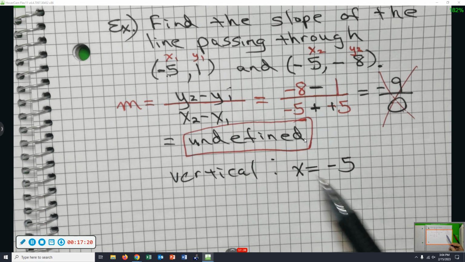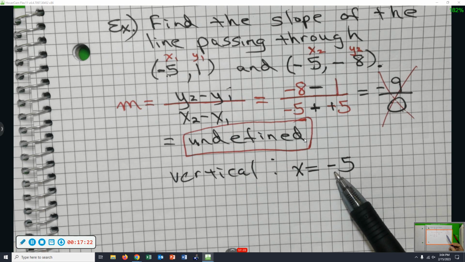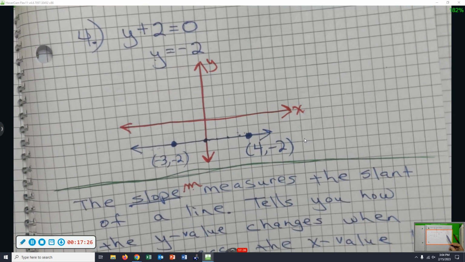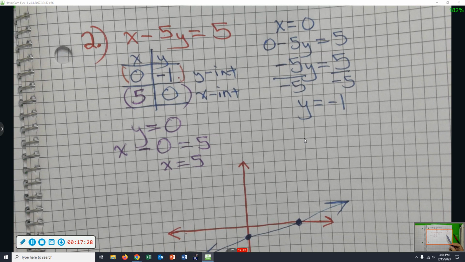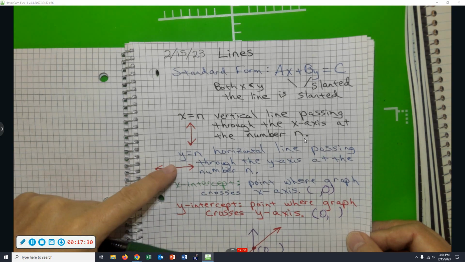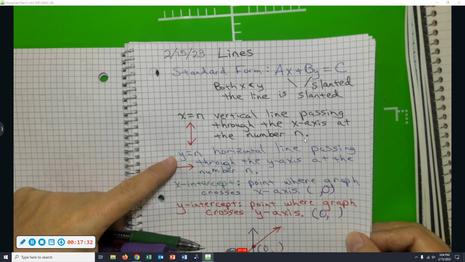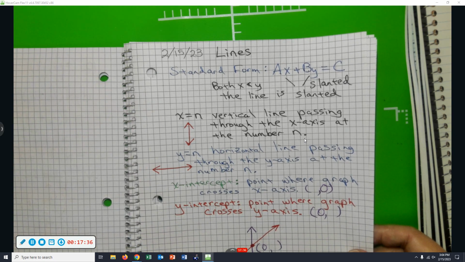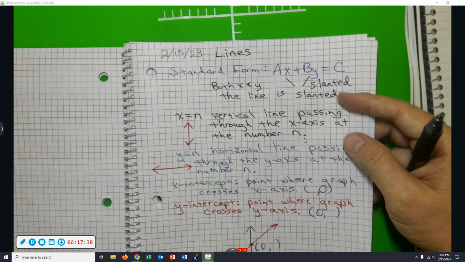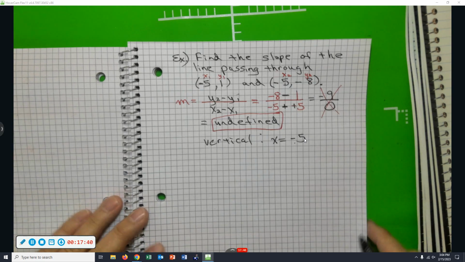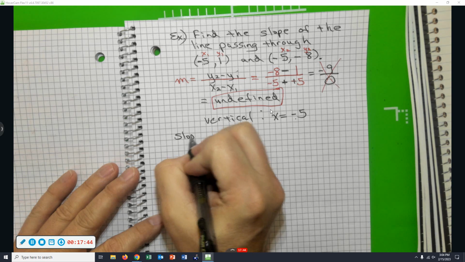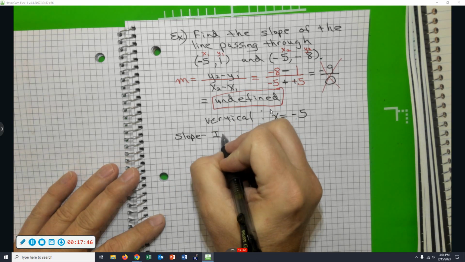If it's vertical, the equation has x and no y. If it's horizontal, I said the equation will have a y and no x. But suppose it's a slanted line. I really don't use standard form for anything. What I do to write an equation of a line, I use what's called slope-intercept form.